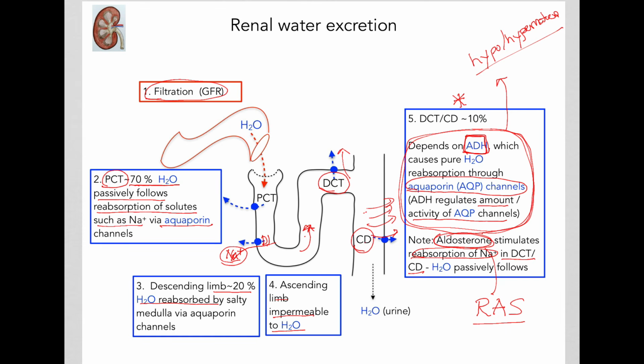As sodium gets reabsorbed, remember, water follows sodium, so water will also get reabsorbed. So antidiuretic hormone and aldosterone are two very important hormones that we'll discuss, and these are very important to understand hypo and hypernatremia, why our blood sodium goes down or why our blood sodium goes up.